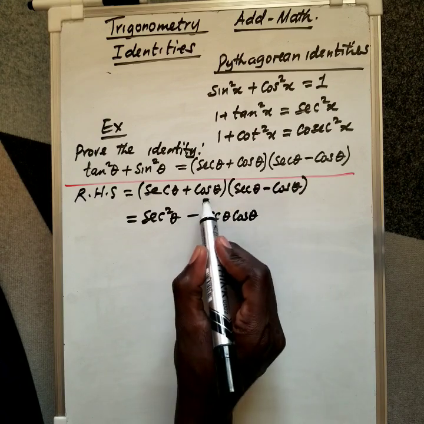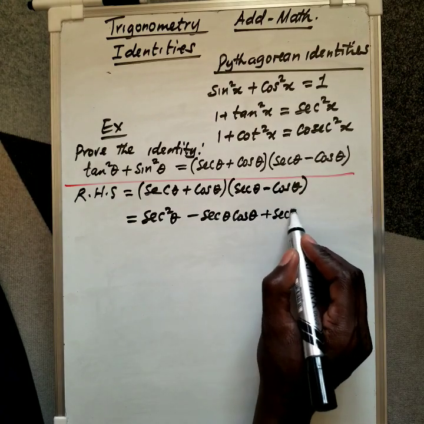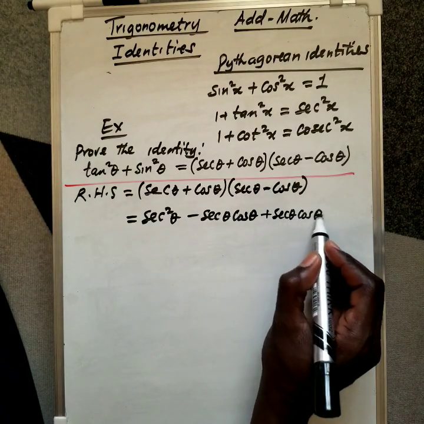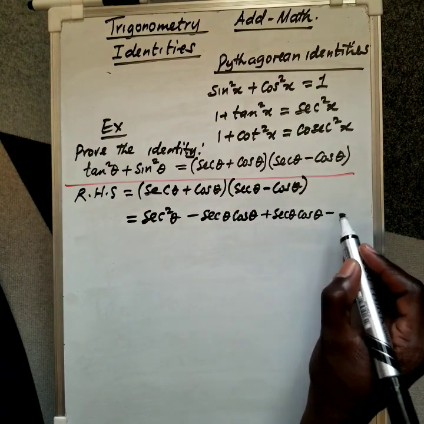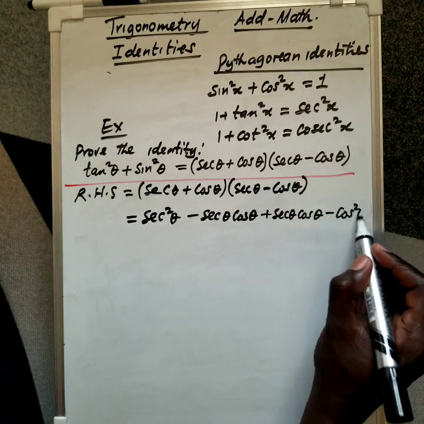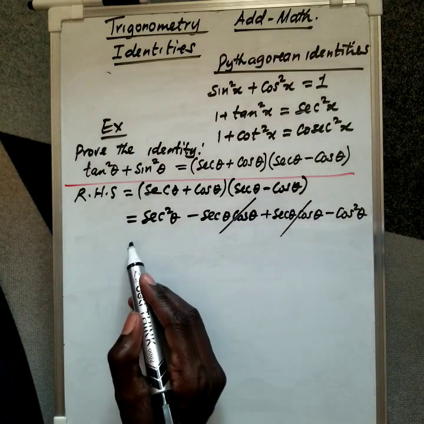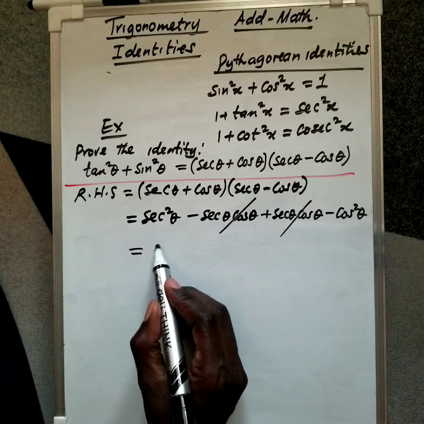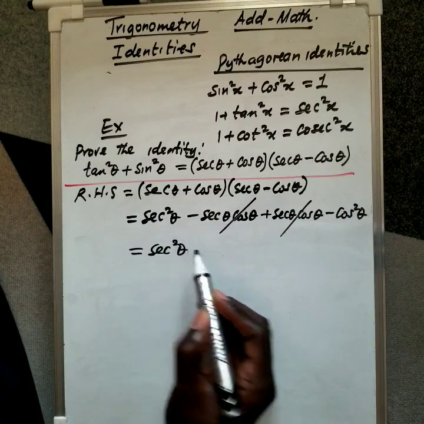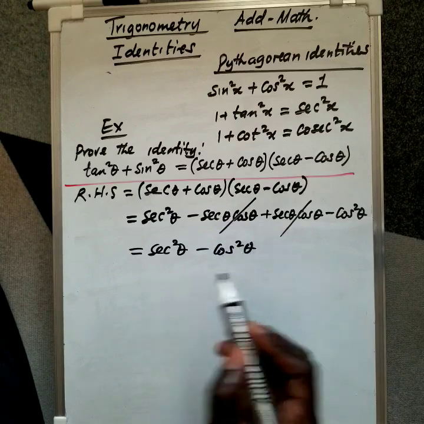Then cos theta times sec theta still gives me sec theta cos theta. Cos theta times negative cos theta gives me negative cos squared theta. You can see that this and that will cancel, and you are left with sec squared theta minus cos squared theta.